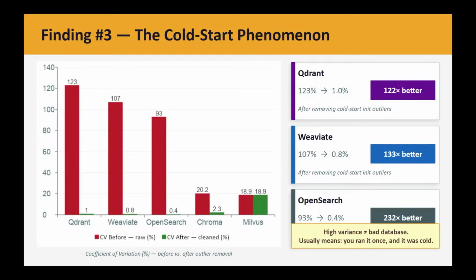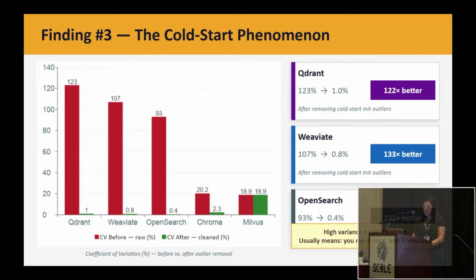PG Vector and FIS didn't need this correction because their initialization paths are simpler and more deterministic. After outlier removal, all the systems achieve what we'd classify as exceptional or excellent consistency. The meta lesson: if a benchmark claims a DB is inconsistent, ask how many runs they did. If the answer is 1, they measured boot time and not performance.